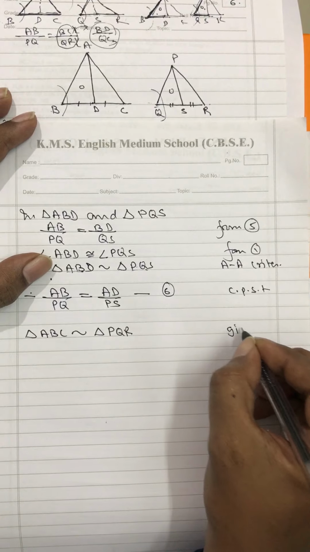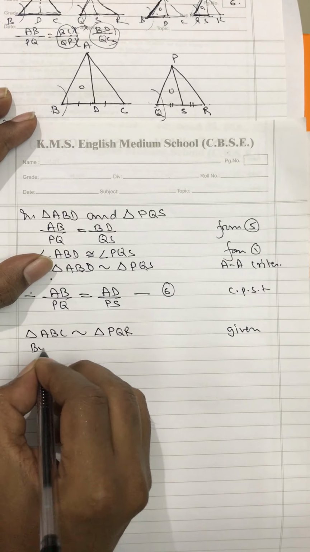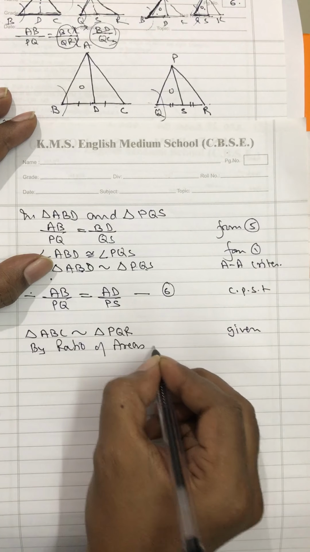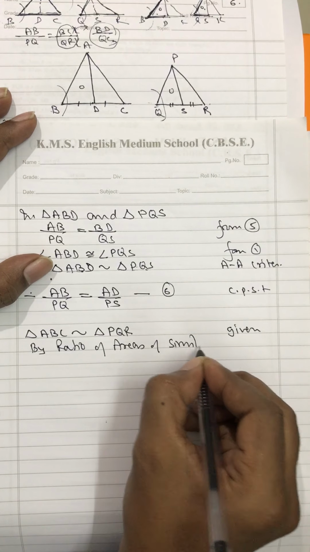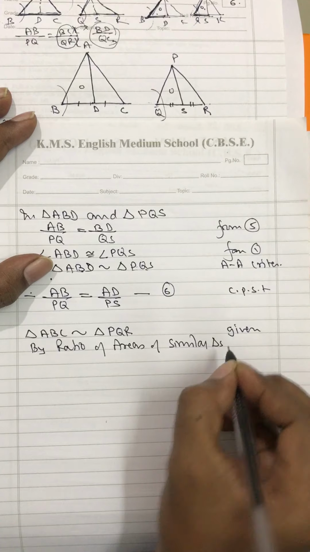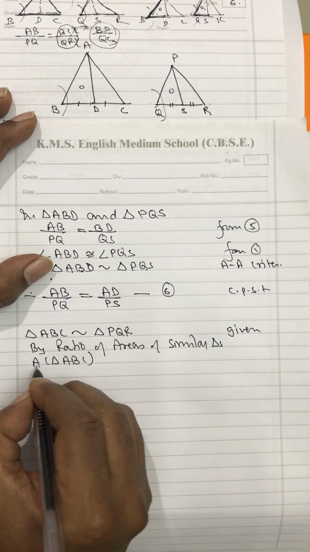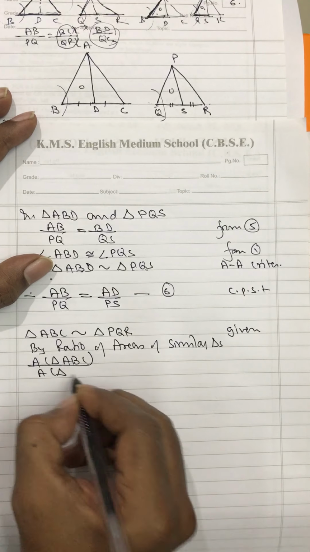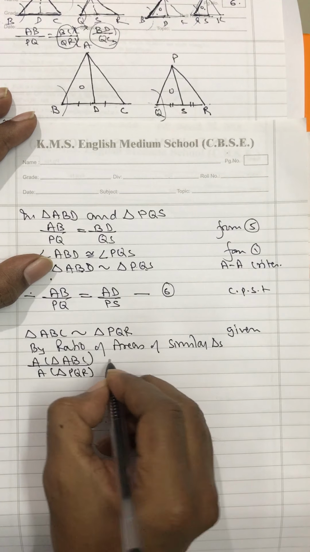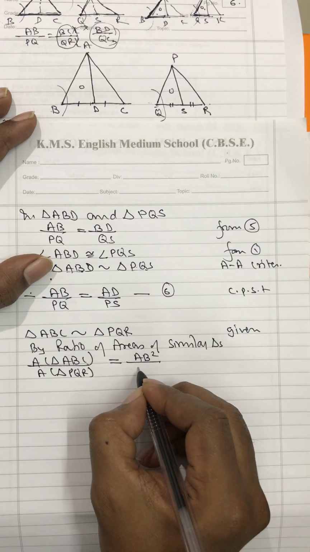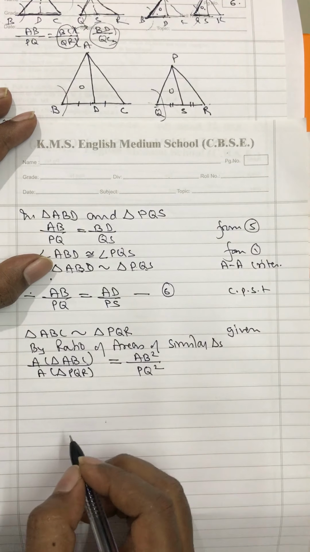This is given by ratio of areas of similar triangles. Area of triangle ABC upon area of triangle PQR is actually equal to AB square upon PQ square.